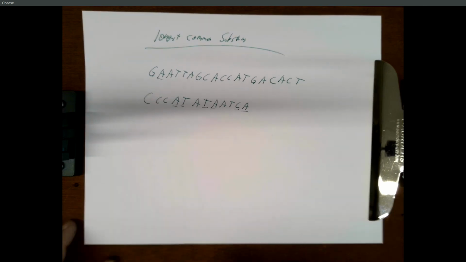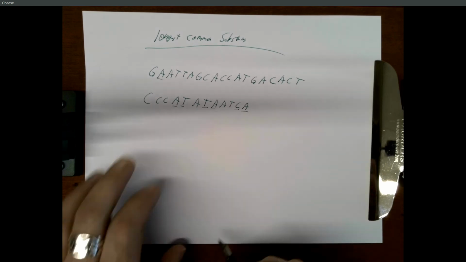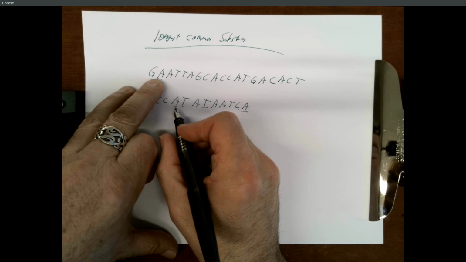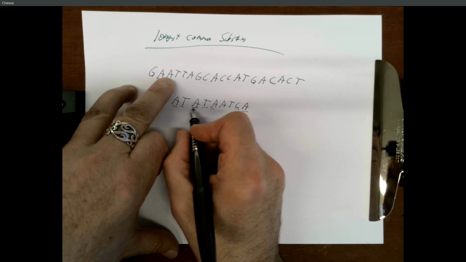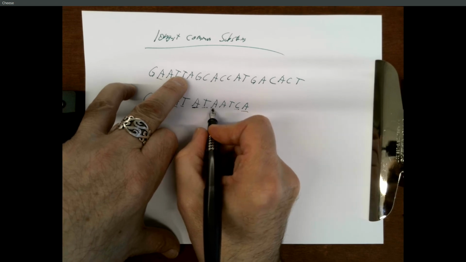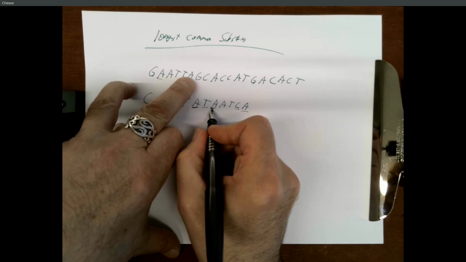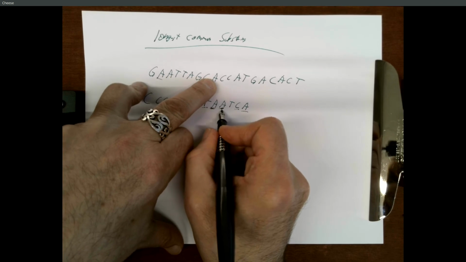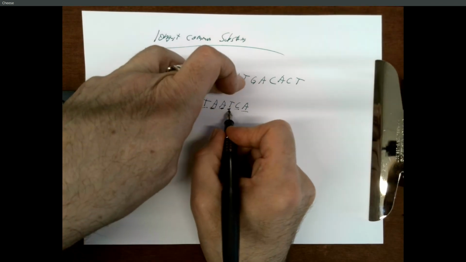There might be a different way of finding subsequences in common that's longer, right? I could have started with this A, and I could have said, well, this A matches this A, and this T, and maybe I'm going to match this A to this A, and then this A to this one, and this T over here, right?